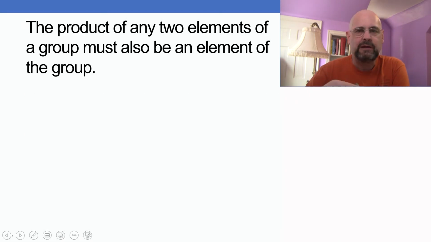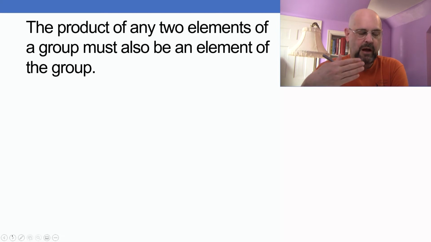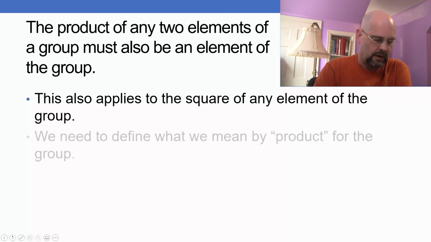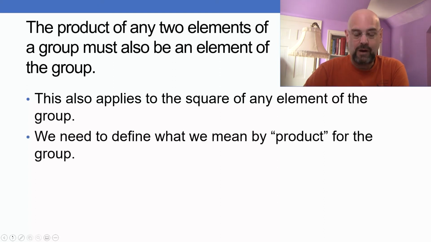So I'm going to step through each of these rules for a moment to get a little more detail. First off, the product of any two elements of a group must also be an element of the group. This also applies to the square of any element of the group. So A times A gives me an element, and that element must be in the group. I'd mentioned earlier we need to define what the product operation is for the group.